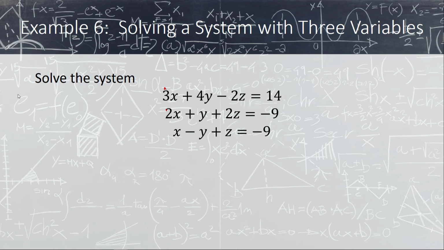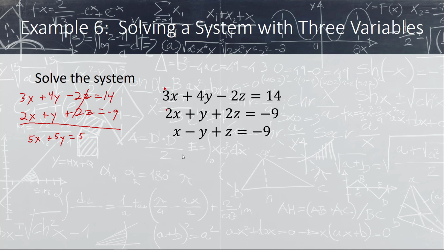That will give me 3x plus 4y minus 2z is equal to 14, and 2x plus y plus 2z is equal to -9. Let me put my lines through z so you know they're z's. And when we add these together, these will cancel. We have 5x plus 5y is equal to 5.